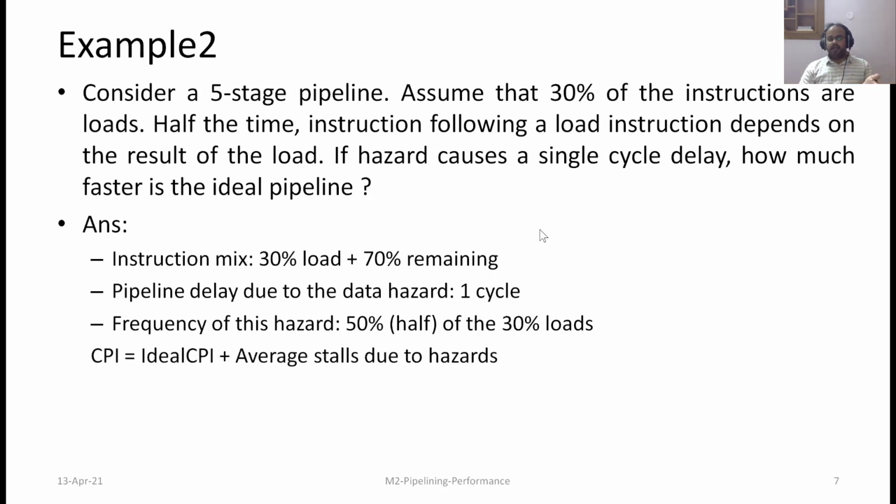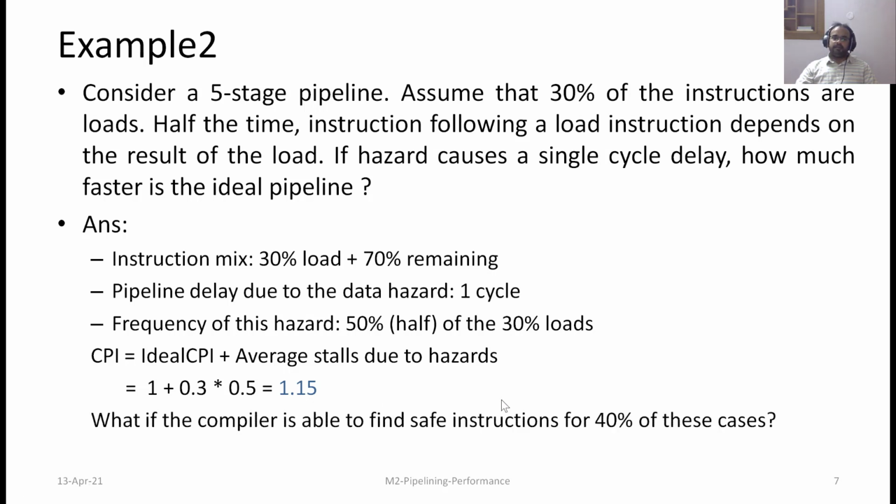Now the CPI of this practical pipeline is the ideal CPI plus average stalls due to hazards, which is 1 plus 0.3, because 30% loads are there, times 0.5, because half of these loads would result in a delay, times 1 because of the 1 cycle delay. So the practical CPI is 1.15, right?